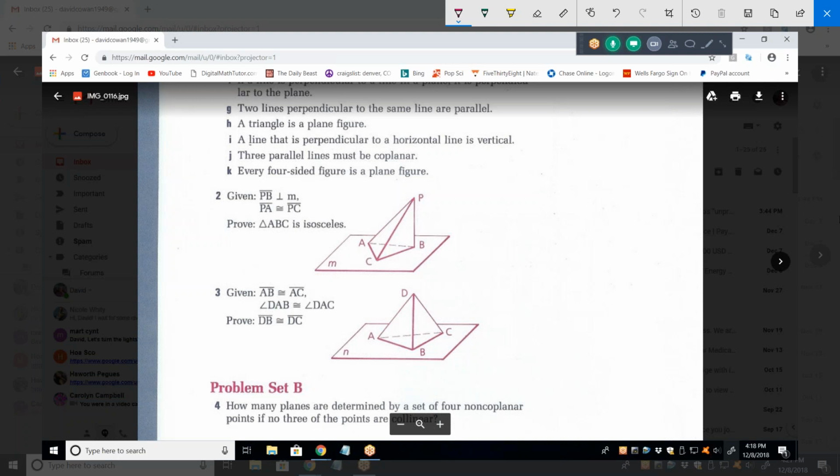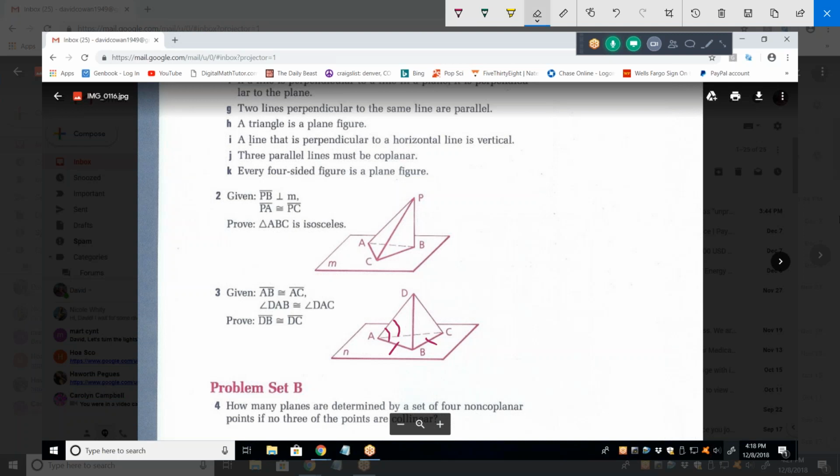All right. So given that line segment AB is congruent to AC, and angle DAB is congruent to DAC. So that is congruent to that. Am I interpreting that correctly? I think you marked BC instead of AC for congruent to.